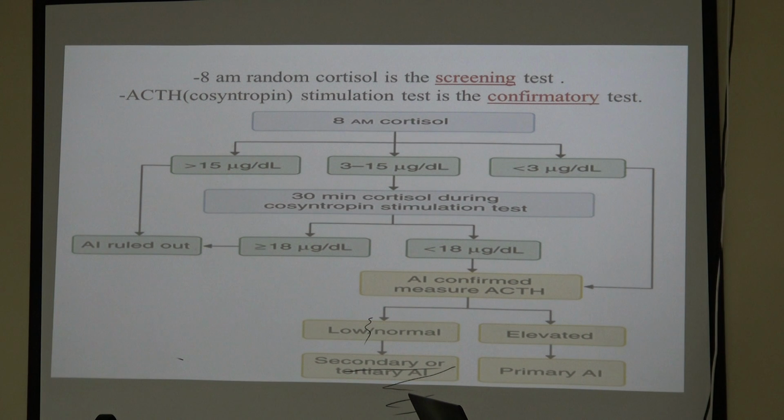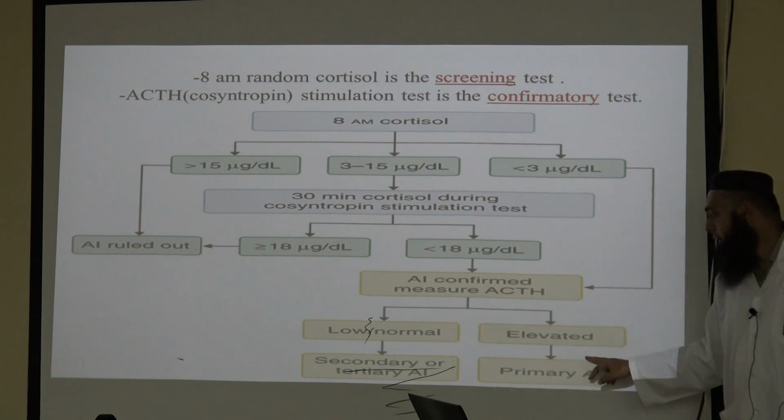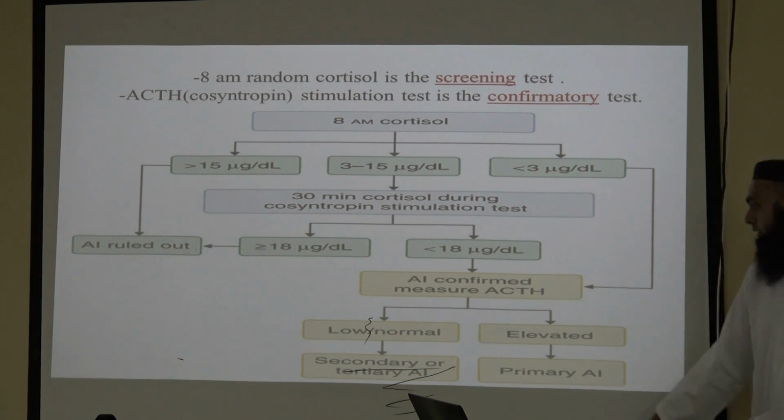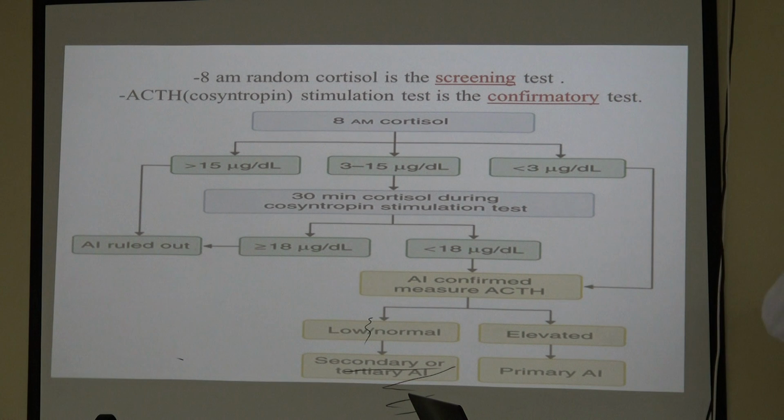The pituitary is releasing ACTH, still cortisol is not there. If elevated, it is primary adrenal insufficiency. It means the adrenal is not producing the cortisol, and as feedback ACTH is more.